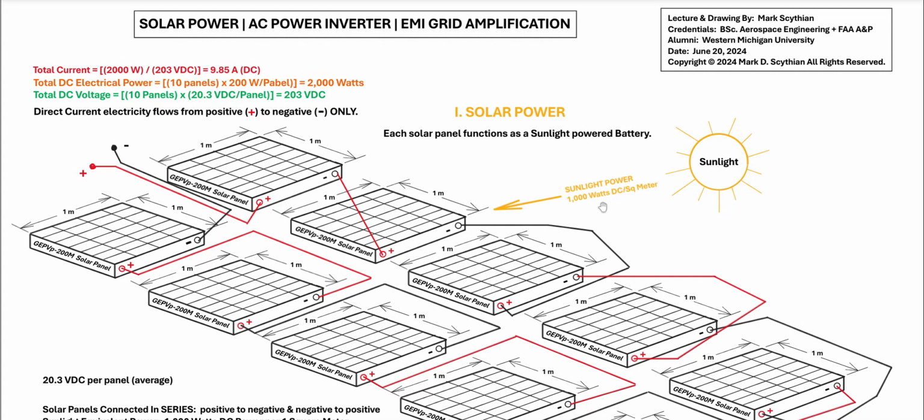1,000 watts of solar thermal power per square meter. So 1 square meter of area with sunlight exposure will deliver or absorb 1,000 watts of equivalent power to the photothermal effect.